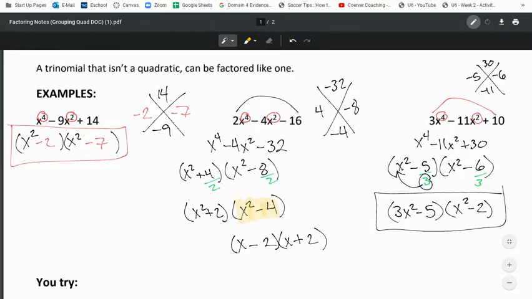So I just take the square root of both little terms right there. So x squared minus 4 splits up into two factors, x minus 2, and then another factor of x plus 2. And then I still need to drop down this third factor. And so this is my final answer.